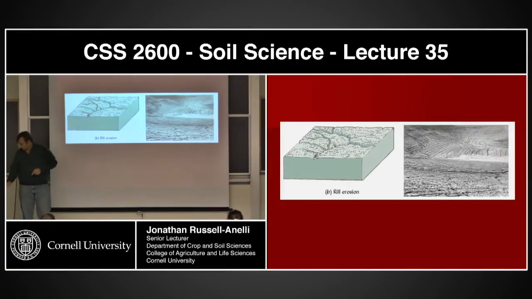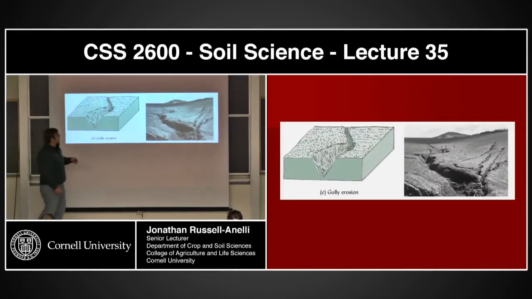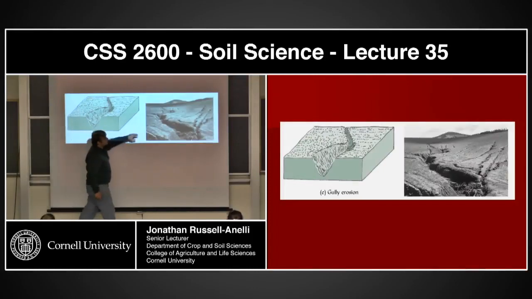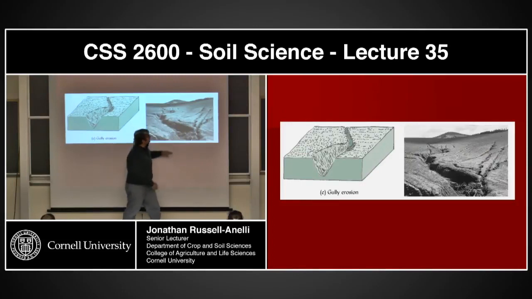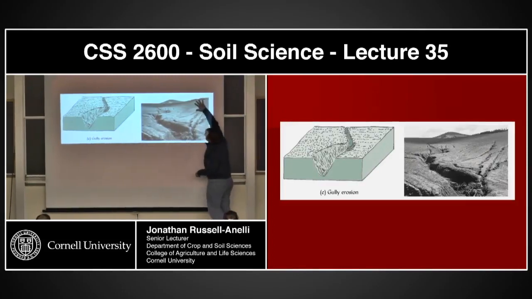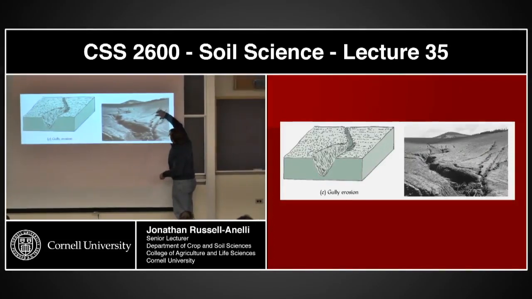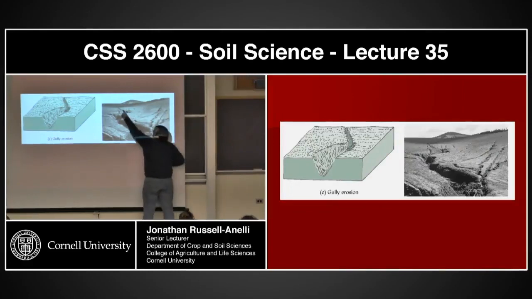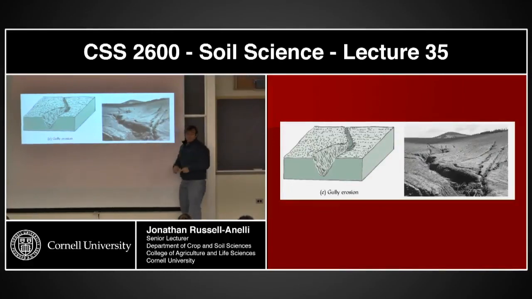Very small. Sooner or later, these things are going to converge, and you start seeing these larger gullies. You can see up here the rills converging into the beginnings of gullies, coming into a very large gully down here. Literally, the dendritic structure of a stream system.